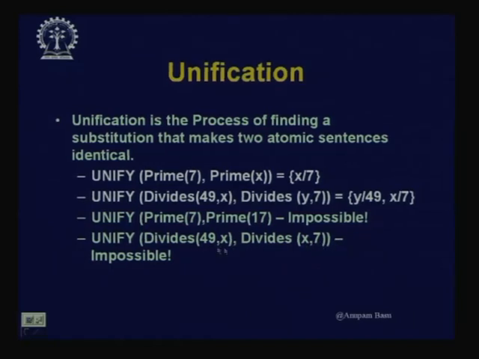These two cannot be unified. So, it is not the case that I can always find a substitution, but if I can get a substitution, then it will be possible to make two clauses identical, and that will help us in inferencing, which we will show in the next lecture.